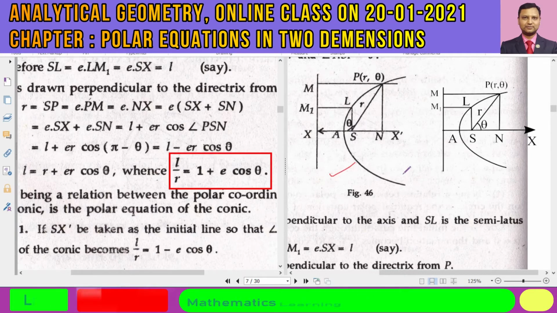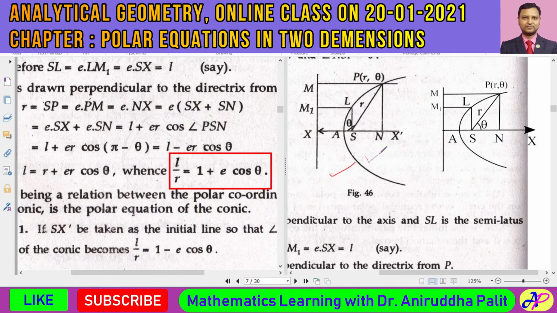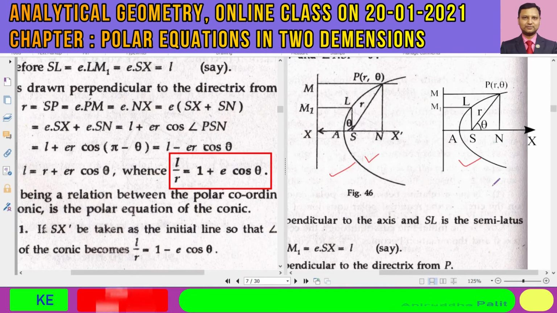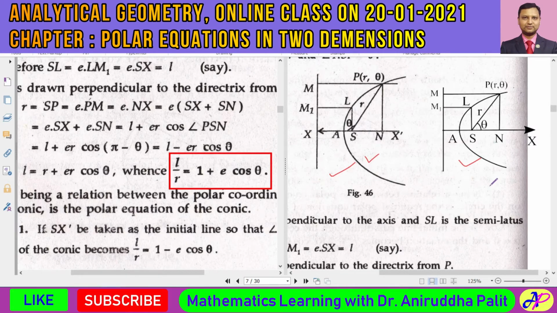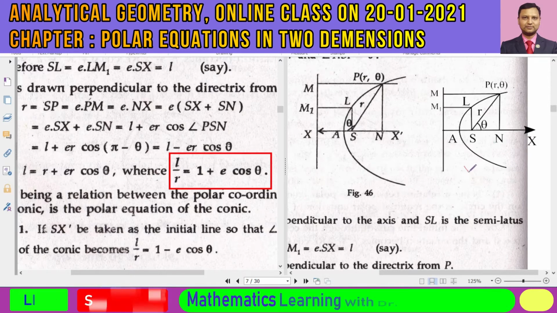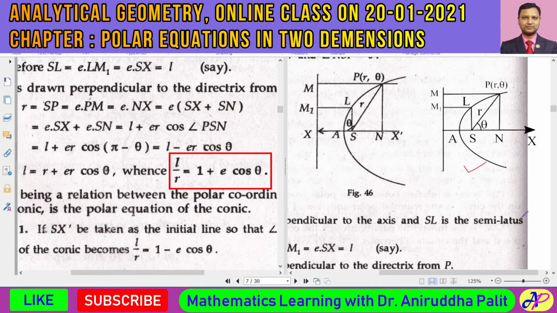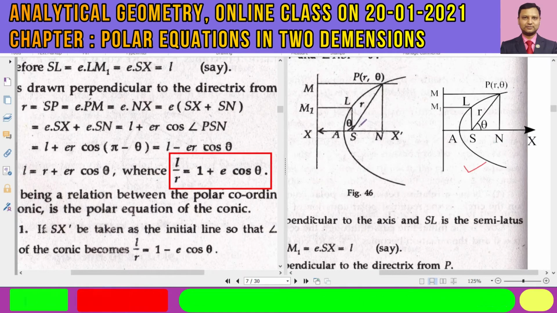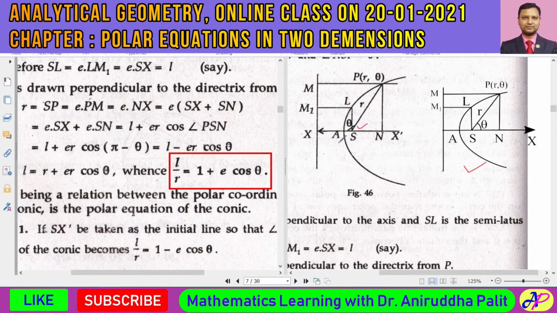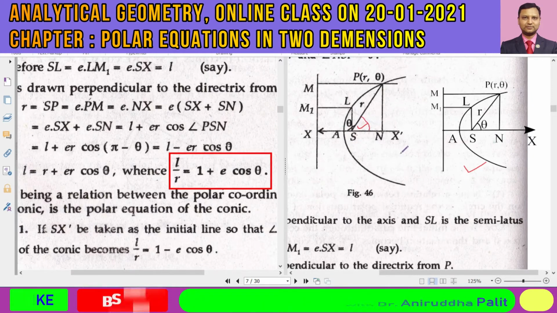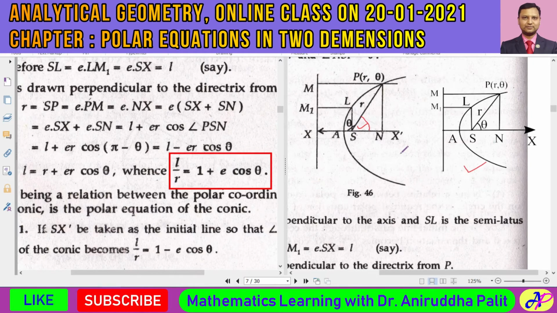This conic. But what is the difference in between this conic and this conic? Actually, the curve is same. Just the position of initial axis is changed in between these two pictures. So we expect that if we consider this second picture, then you see in the first picture this angle was equal to pi minus theta, but in this second picture this angle is equal to theta.